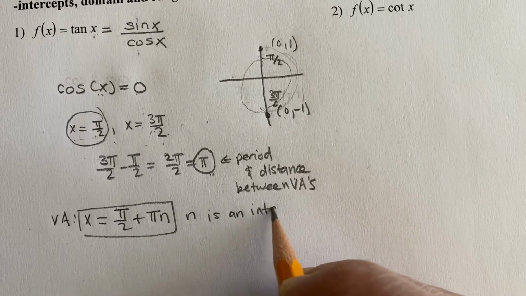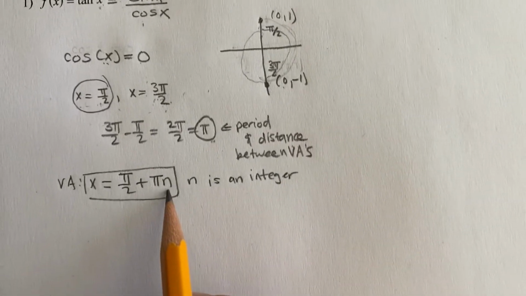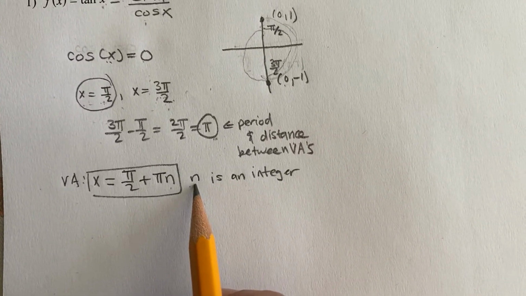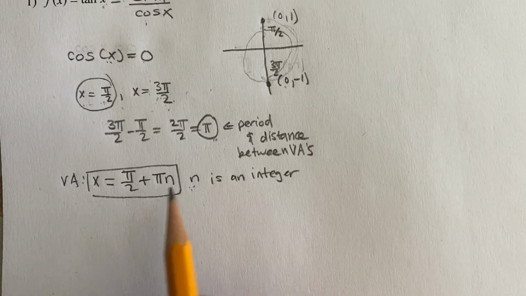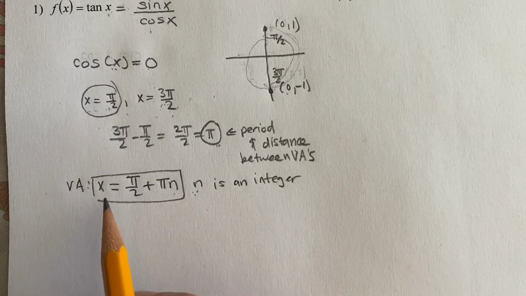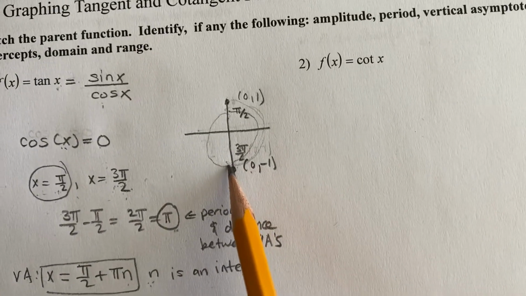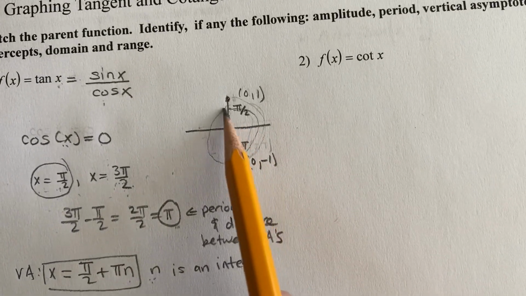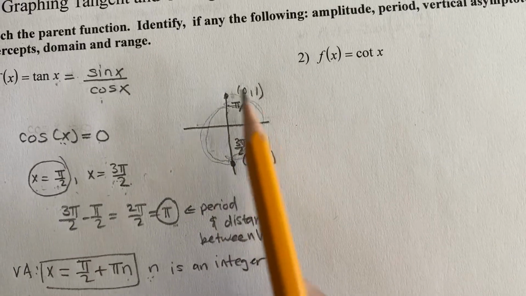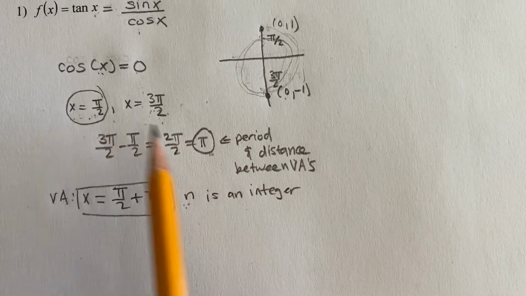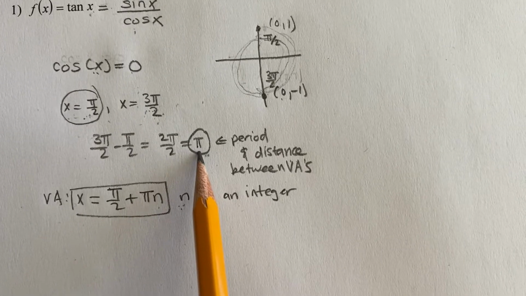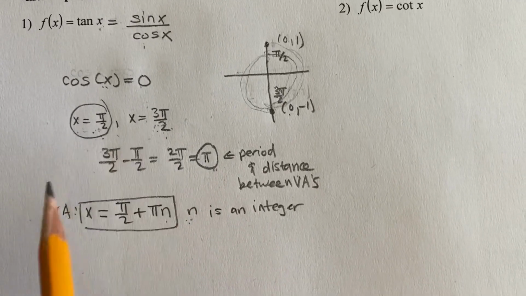That means you can also go backwards. n could be 0, it could be -1, -2, -3, or it could be +1, +2, +3. And this will give you all the VAs, because if you look at the circle, the distance from here to here is pi, the distance from here to here is pi. It's just going to keep repeating itself. Or you could just do right minus left. That will give you the period, which is also the distance between these two VAs.